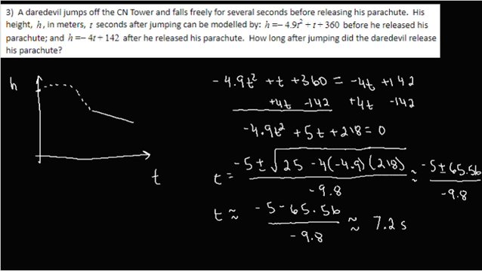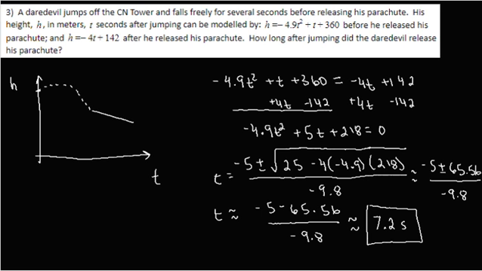I've seen some places where seconds is abbreviated S and sometimes SEC. So 7.2 seconds. And again, back to our complete sentence answer: approximately 7.2 seconds after jumping, the Daredevil released his parachute.